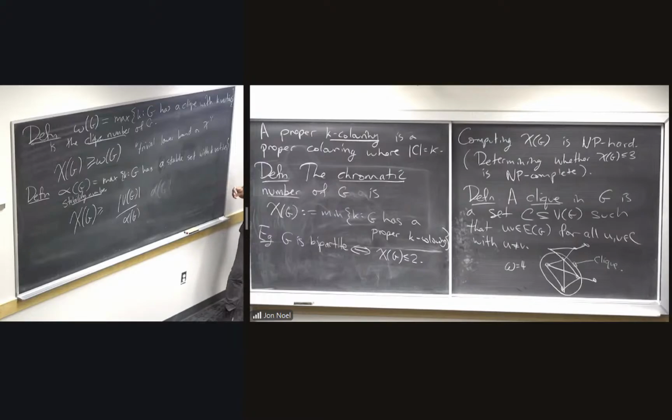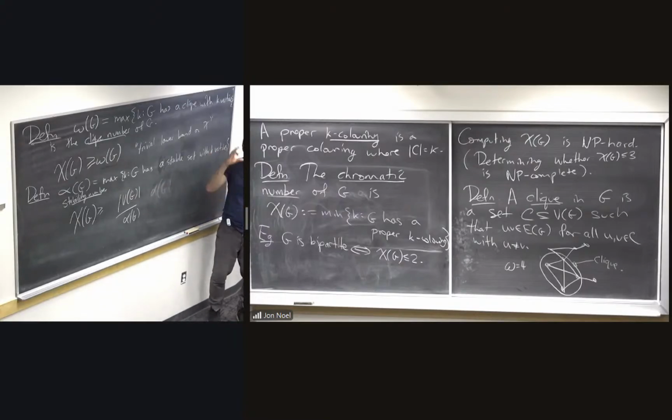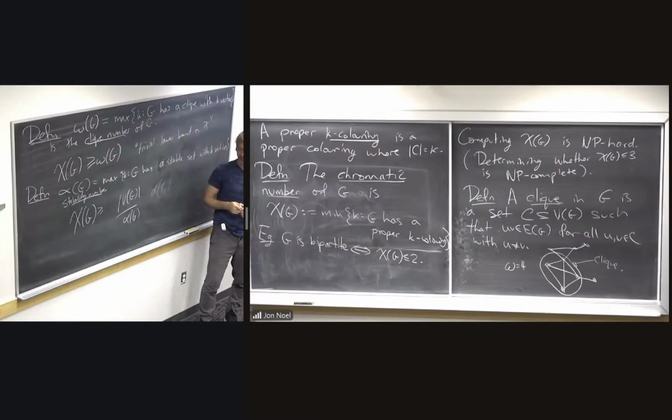So just to repeat that, what is a proper coloring? If I look at the vertices of color 1, the vertices of color 2, those are all independent or stable sets. So by pigeonhole, I'm partitioning the vertices into stable sets.